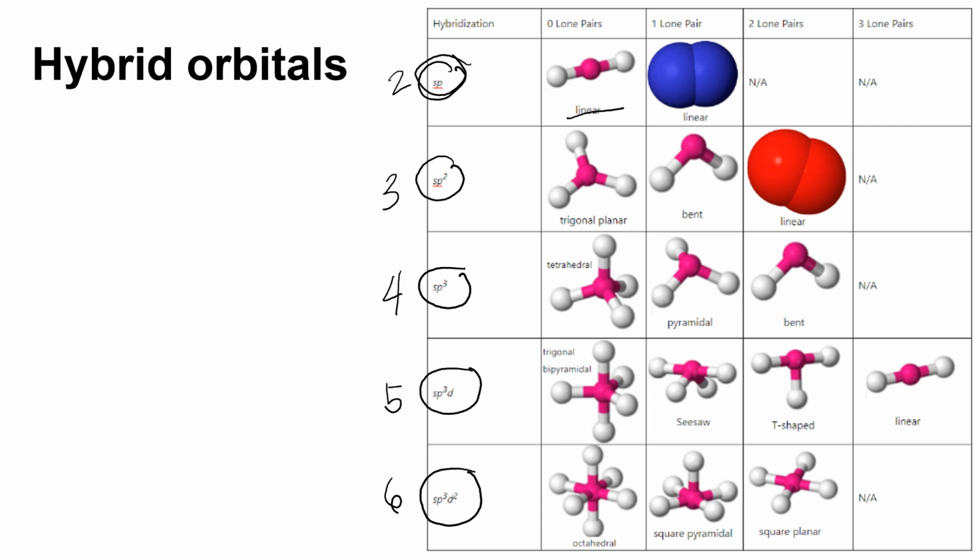For 3 orbitals or sp2, you have tri, so the geometry is trigonal planar. If you have 4, that means tetra, this is tetrahedral. For 5, it is tri plus bi equals 5, so that's trigonal bipyramidal. And for 6, this is octahedral. So this is an easy way to remember the number of orbitals, the type of hybridization, and the geometry of those hybridizations.